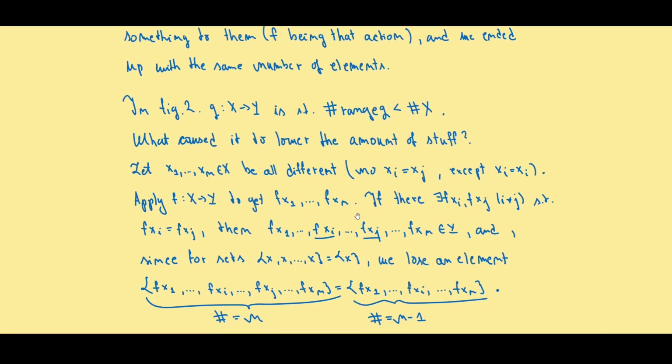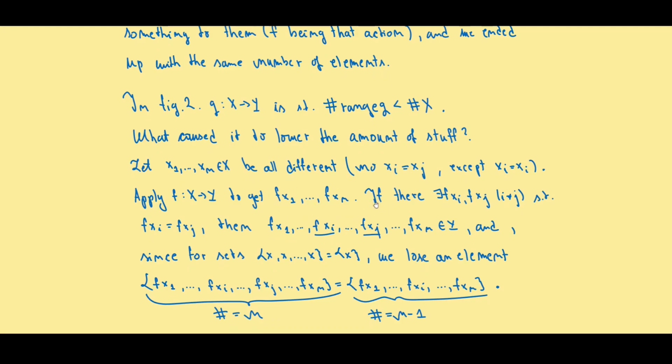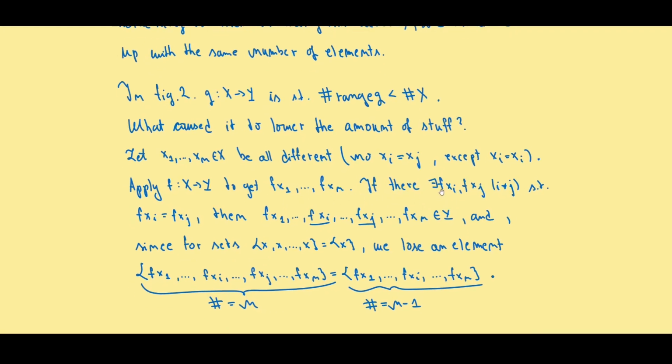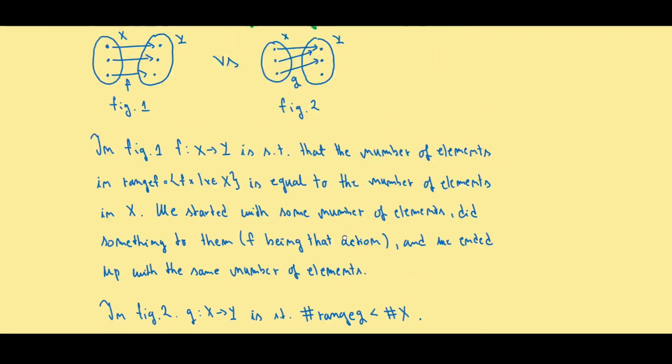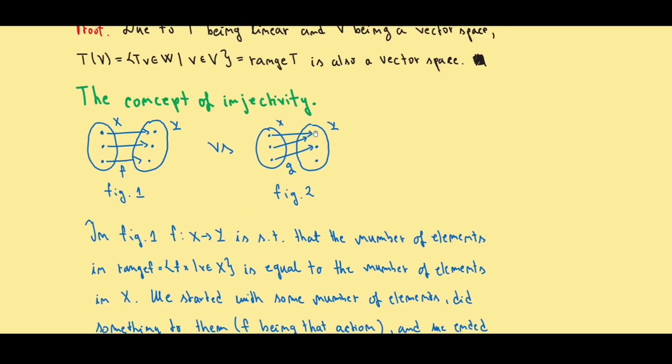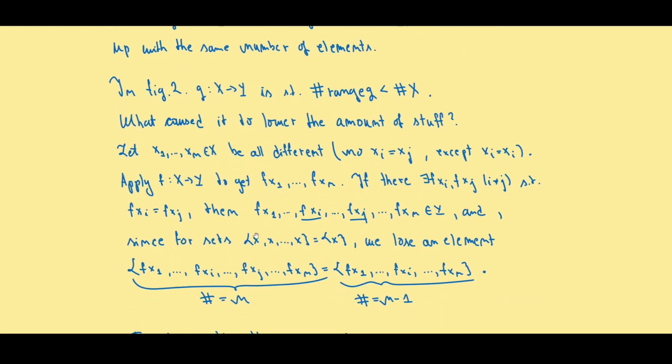Now, if it lost some elements, then there exist f of xi and f of xj, where i and j are different, so for example f of x3 and f of x5, such that it turns out these two are equal. So this gets mapped here, and this gets mapped here, so you have your xi, xj, and you have that f of xi is equal to f of xj. So that's the picture.